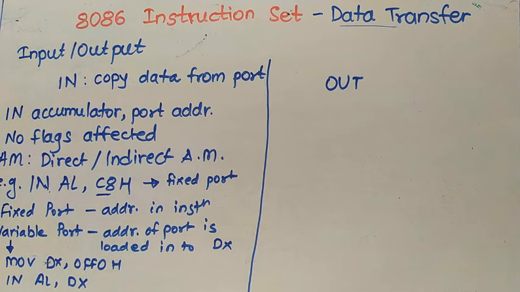So here the data from port address 0FF0H is copied to the AL register in this type of instruction. So here we have seen the two formats for the IN instruction. This one is the fixed port, and this one is the variable port IN instruction format.